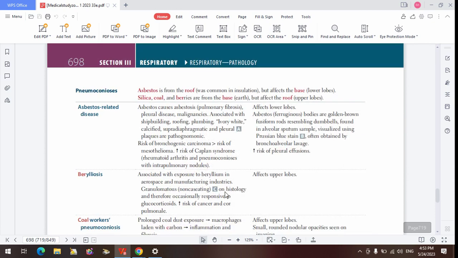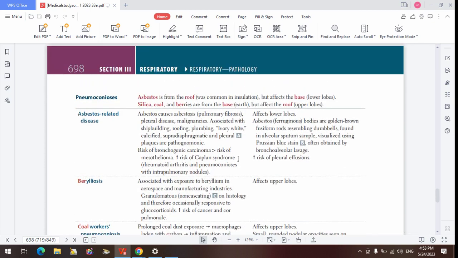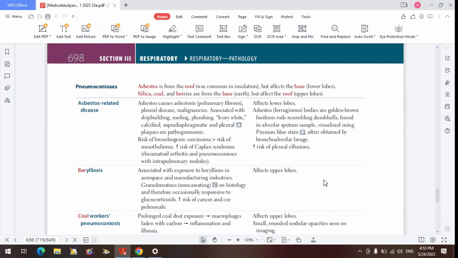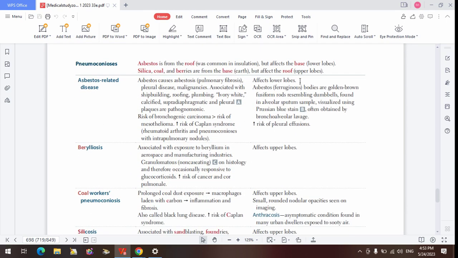Okay. So let's talk about the pneumoconiosis. Before we list those dusts, there's something that was mentioned here about the position that they affect in the lung. This is very important. It's a very quick way of narrowing what we are looking at.